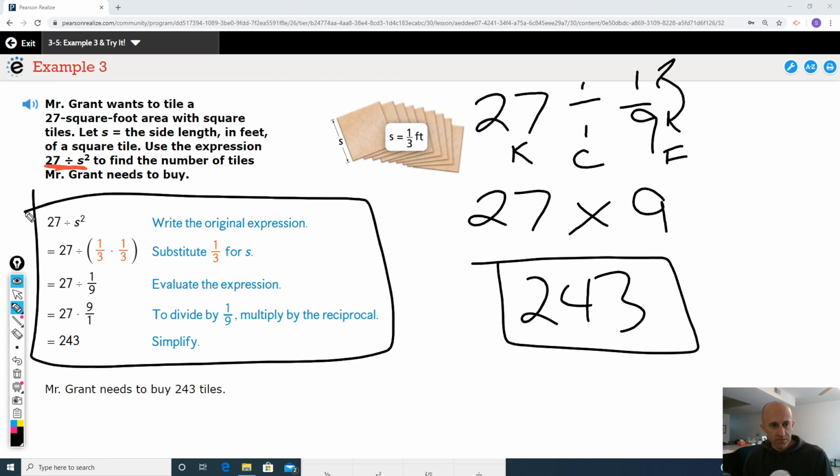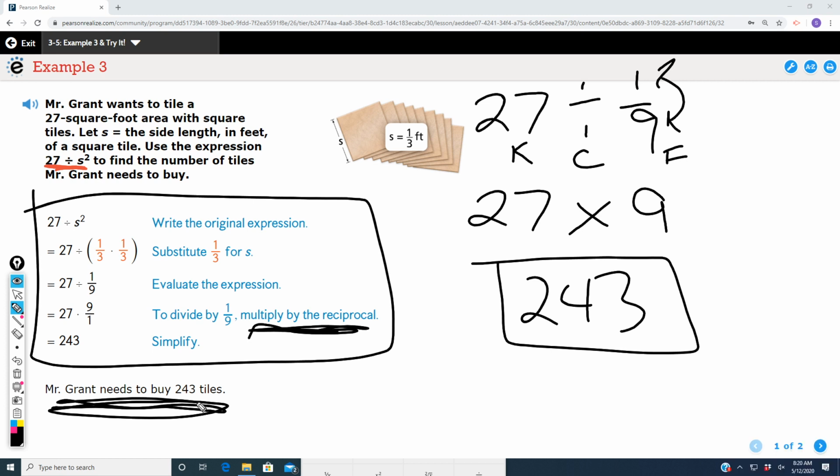You write the expression, we substitute, and we evaluate. And then to divide, obviously we multiply by the reciprocal and then simplify. And you see that Mr. Grant needs to buy 243 tiles. All right.